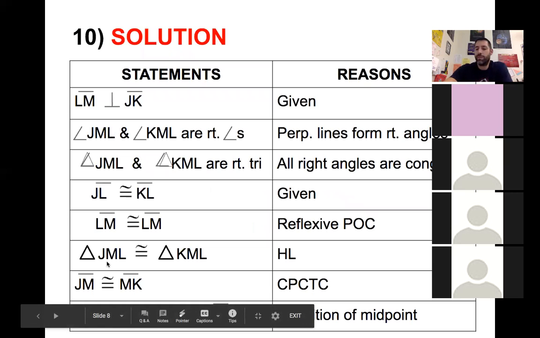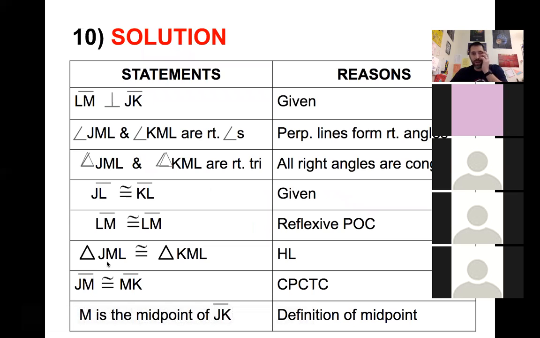So we got our given information about our perpendicular segments. Once we have our perpendicular segments, we know that they form right angles. We have to identify that the perpendicular lines form right angles, and we have to identify the two right angles. Once we've identified the right angles, we can say that the two triangles are right triangles, because that is one of the facts we need to use when we use hypotenuse leg.